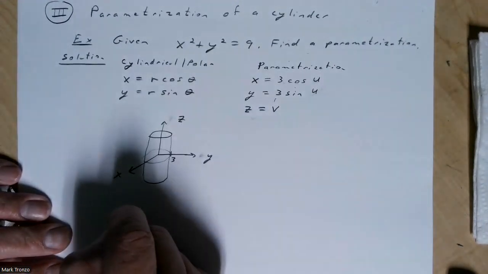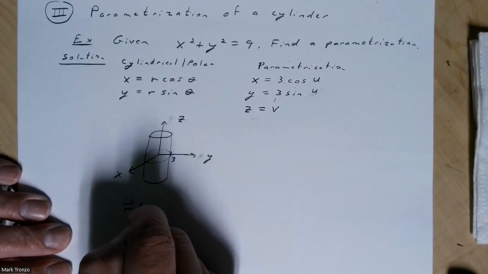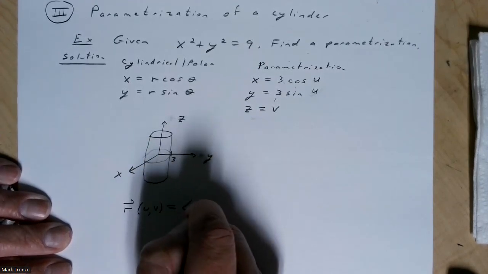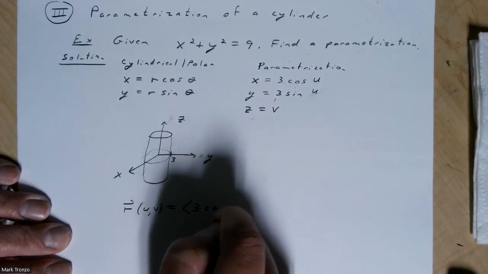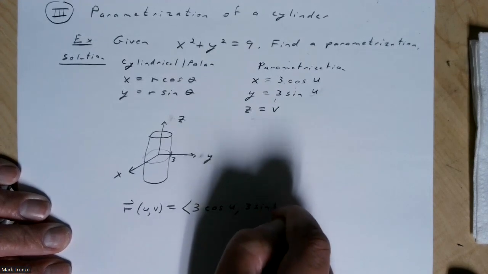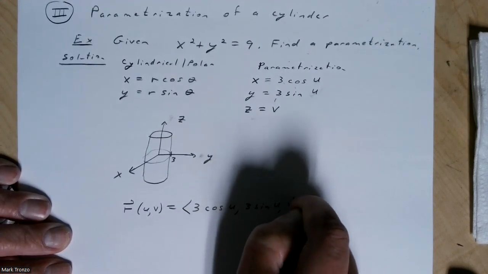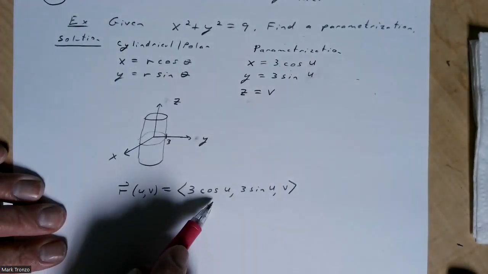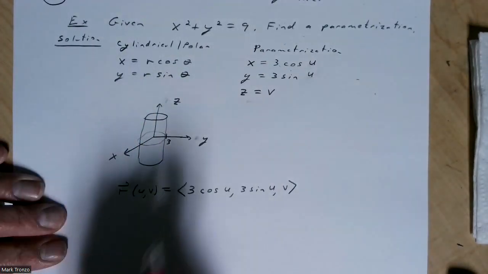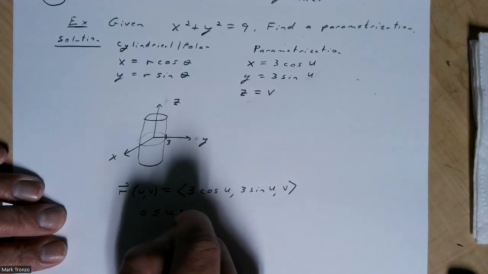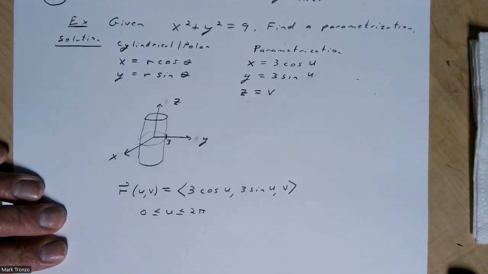But let's say you wanted to limit this. So once again, we're going to put this into our equation here. And of course, u is playing the role of theta, so it's going to vary from 0 to 2 pi.